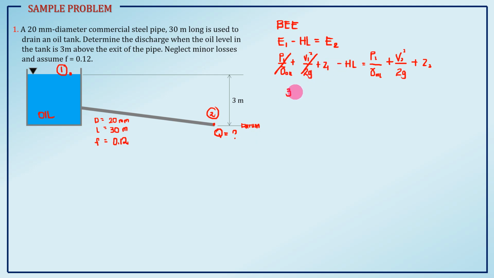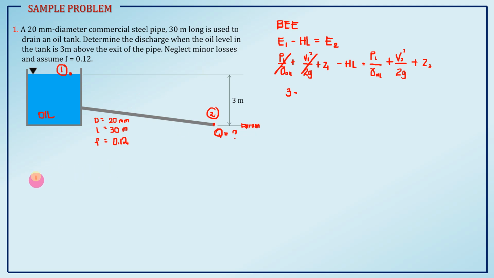And then, minus HL. Now, HL here is the certain drop from your EGL, that is the head loss in our pipeline, the major head loss. The minor head loss we will not consider because the problem says to neglect it.